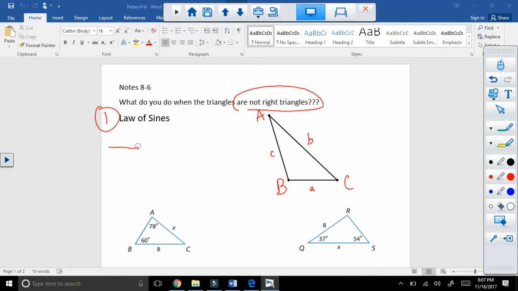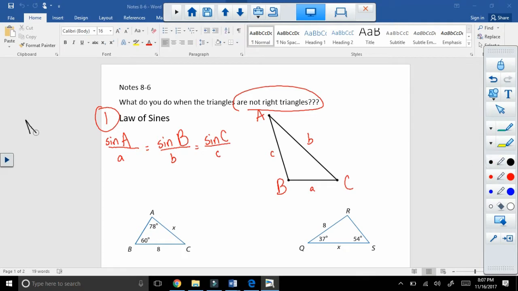The law of sines is a ratio where you have the sine of an angle is to the side opposite it as the sine of another angle is to the side opposite that one, as the sine of the last angle is to the opposite side.